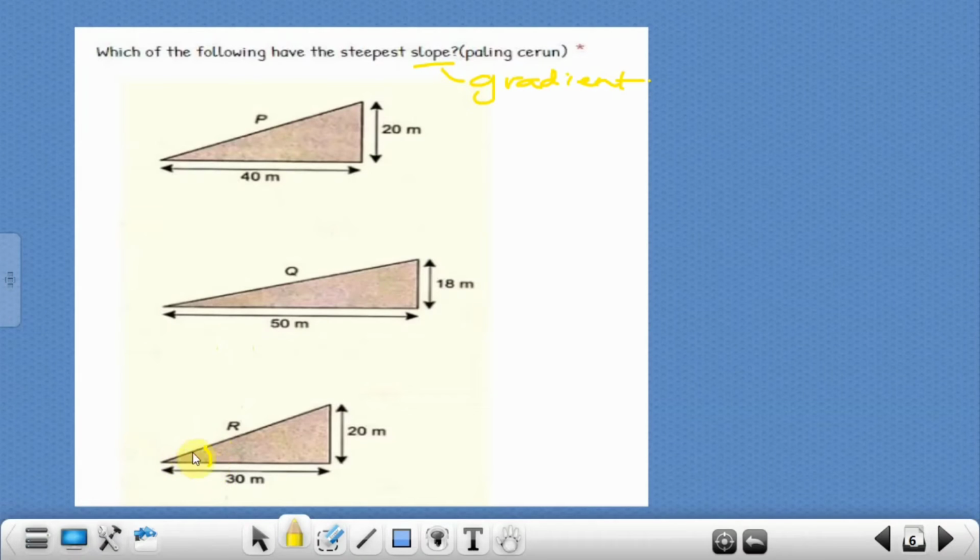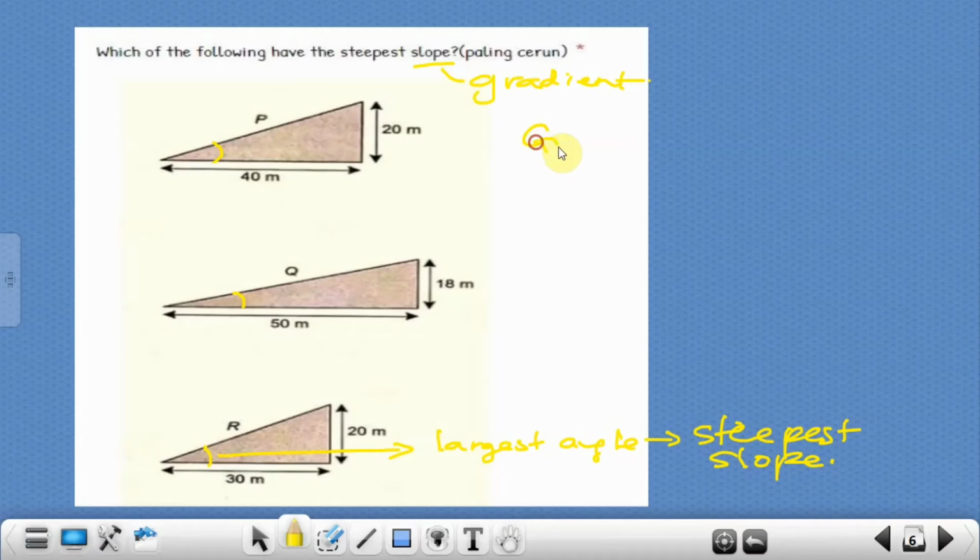We just compare this angle from the ground to this straight line. If you look at here, this angle is the largest angle. Largest angle will bring up the steepest slope or gradient. But if you want to make sure, what do you do?